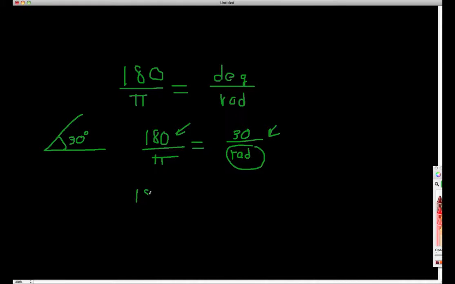I have 180 times the angle in radians, RAD, is equal to 30 times pi. And I want to solve for the variable radians. I do that by dividing both sides of the equation by 180.